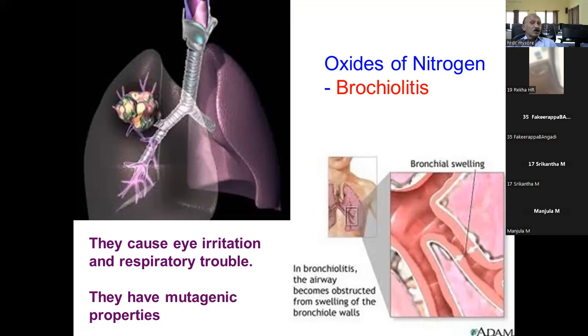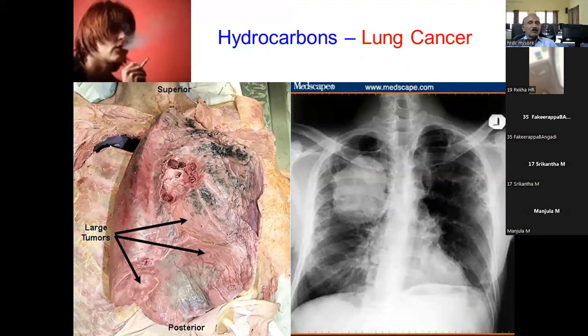Now, the same bronchiolitis is very commonly seen among the people who are exposed to the dust particles even in the earthquake regions. Okay.